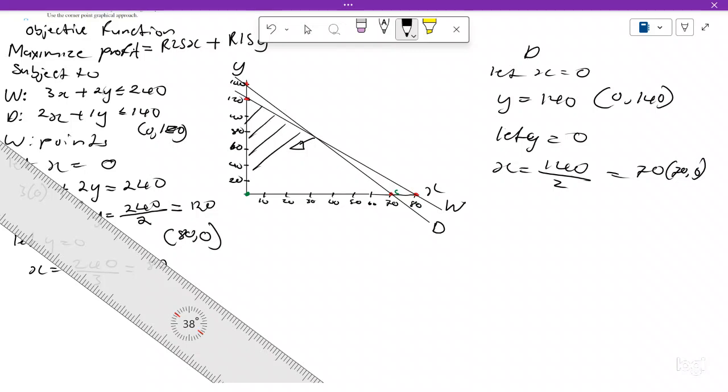That's your feasible region. It's not yet your optimum solution. It's your feasible region. So it has points here, 1, 2, 3, and 4.